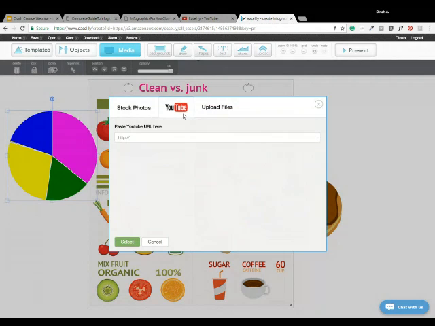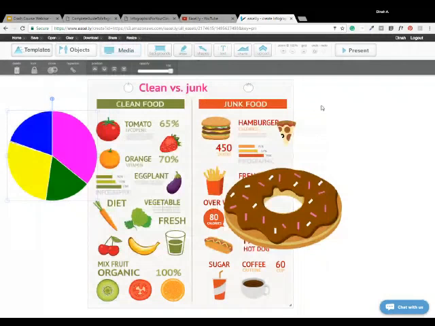You can also add YouTube URLs and incorporate that into your infographic. So if you have a tutorial, or if you have an explainer video, then you can go ahead and just grab the URL for that video, and you can add the URL, and you can go ahead and embed that video into your infographic.